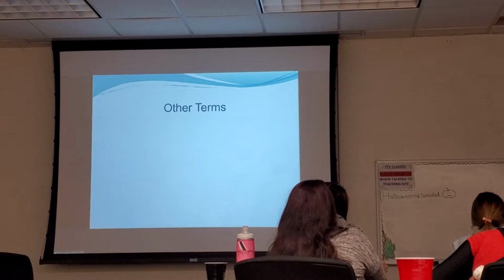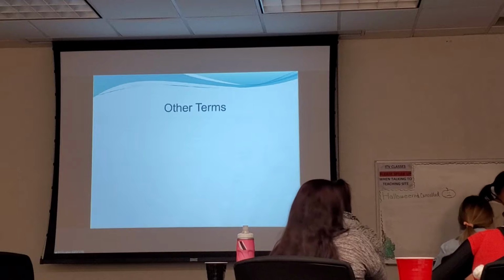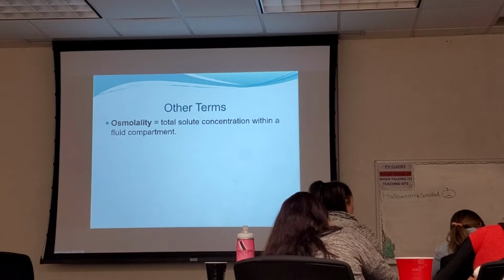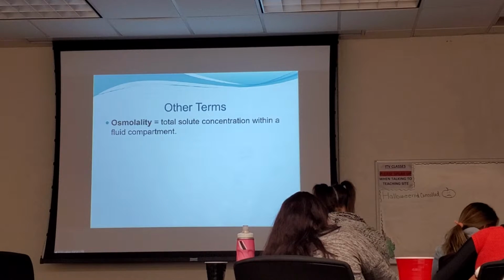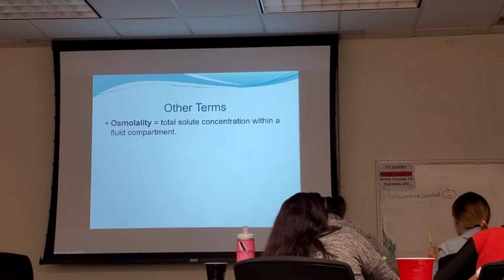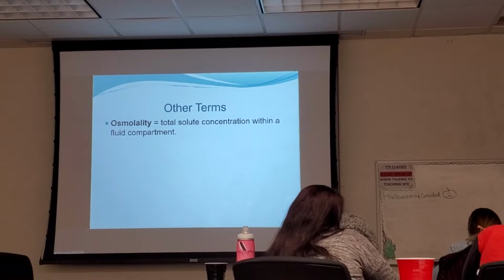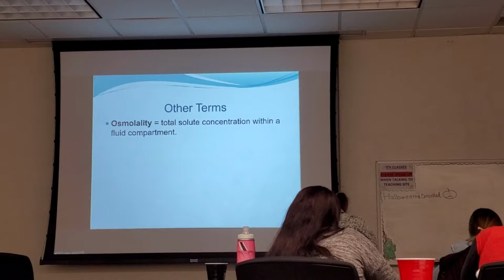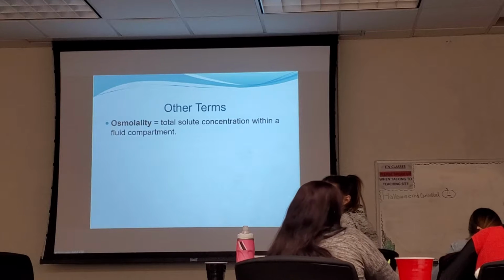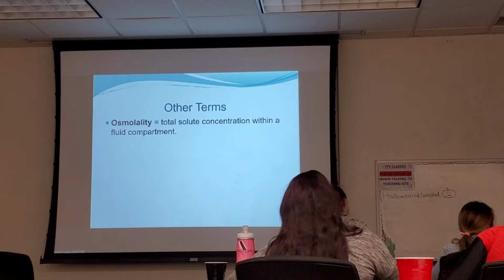Some other terms we need to understand in order to understand the rest of our conversation today: osmolality is the total solute concentration within a fluid compartment. What's the only fluid compartment we can actually measure with precision the electrolyte component? Vascular, or blood?